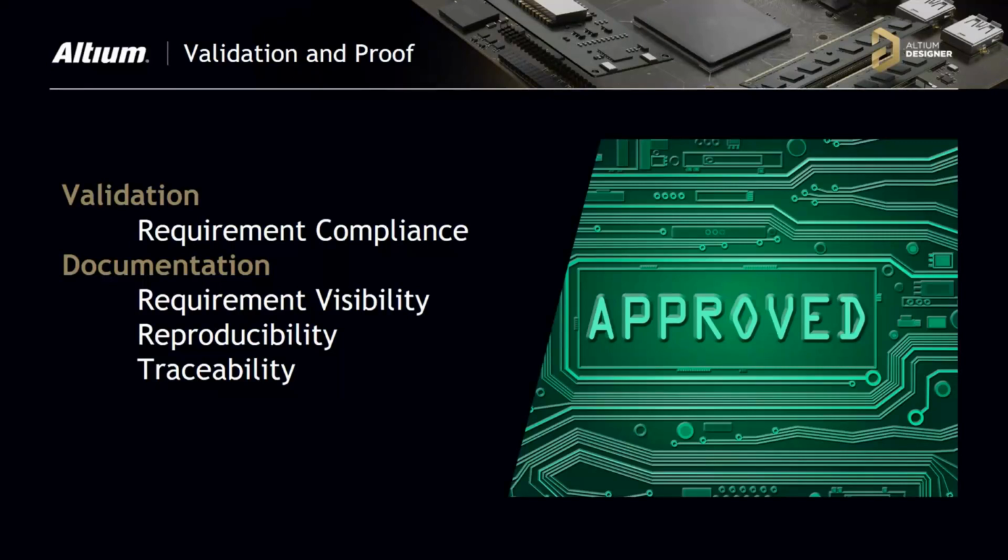With the documentation report, you have visibility into the requirement, and it is reproducible. Also you can apply the same in your new design by taking a backup and taking that rule as a base, and you can reproduce the same. We can also increase the traceability, and you can see where this rule has been used if we have documentation of your design rules.